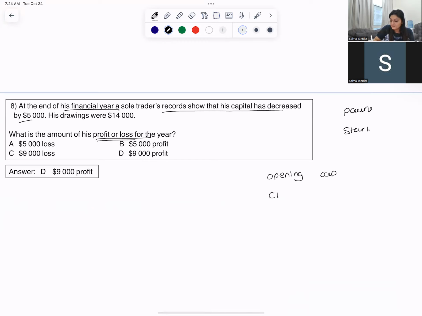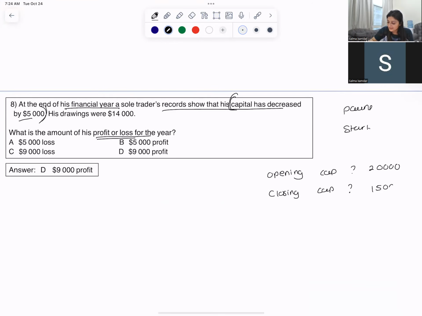They have not given you the closing capital, but they have told you that the capital has decreased by 5,000. So say if my opening capital was 20,000, my capital decreased by 5,000. So the closing capital might have become 15,000.